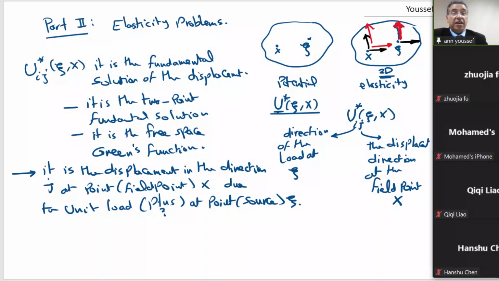This definition is very, very important.